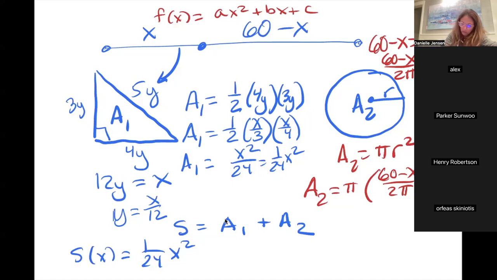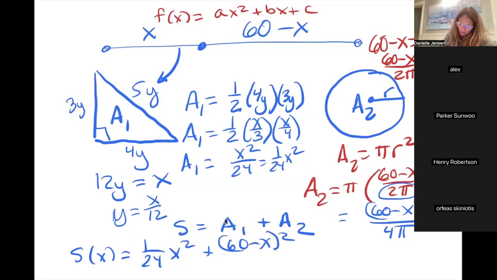Okay, so A2 is, I'll clean this up a little bit. We've got 60 minus x squared, and because this squared becomes 4 pi squared, but then I'm multiplying it by pi, it's going to be 4 over 4 pi. So plus 60 minus x, and I'm going to FOIL that out in just a minute.